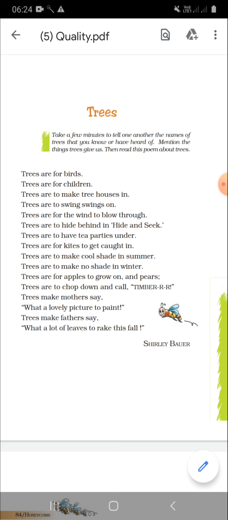Mothers say, "What a lovely picture to paint" after looking at a tree, looking at its beauty above all else. But fathers, on the other hand, are sort of worried by trees because they're worried about how many leaves will fall in the fall or autumn and how many they'll have to rake up.